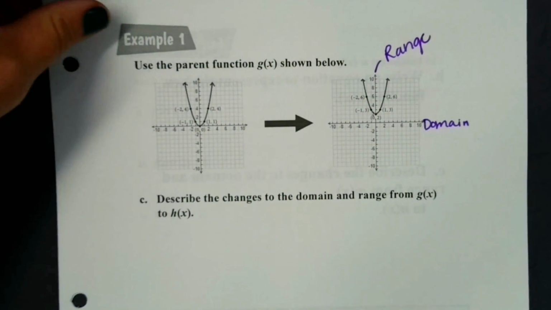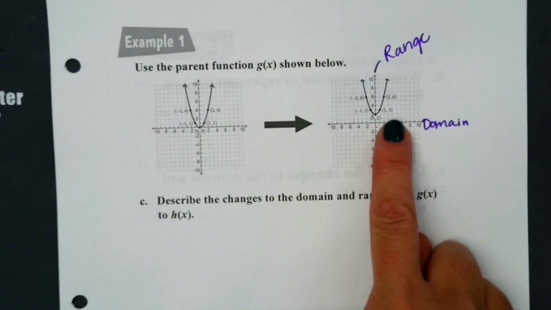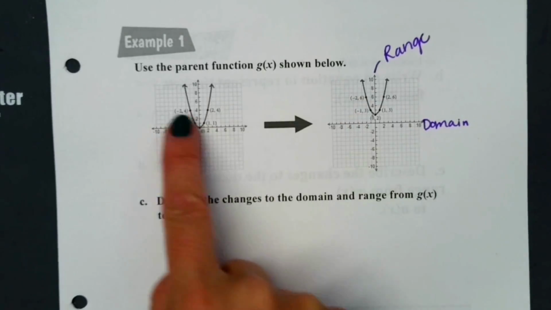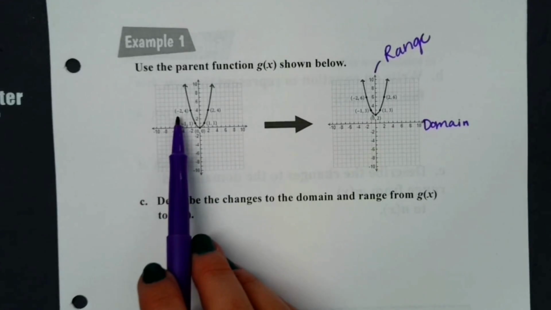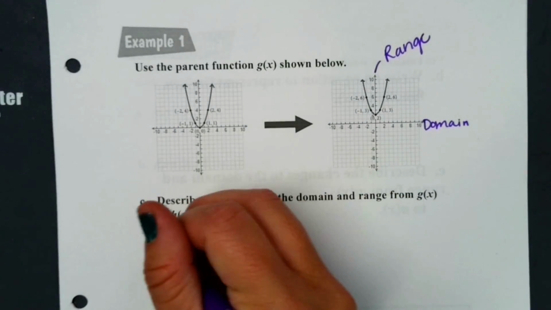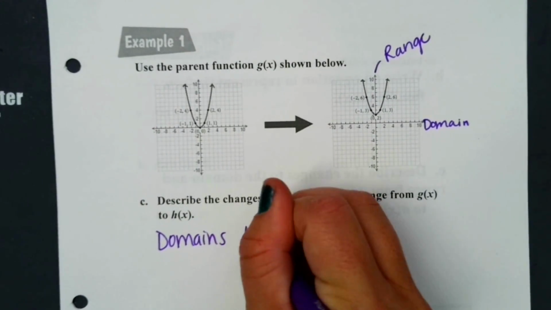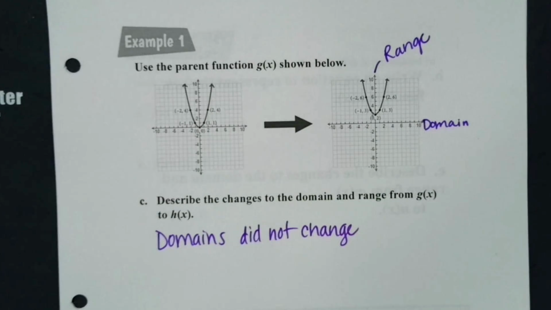So it was here. I moved it up. Did anything happen? Look at all your domains. Those are your x's. What happened to all your x's? Anything? The domains? Oh, no. The x's? So the domains would you agree with that statement? The domains did not change.